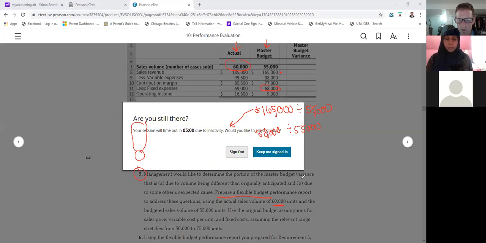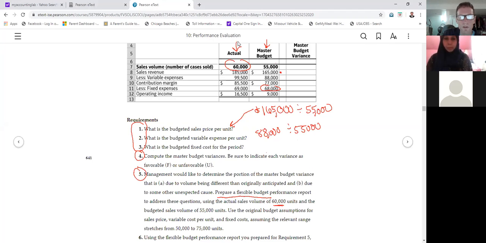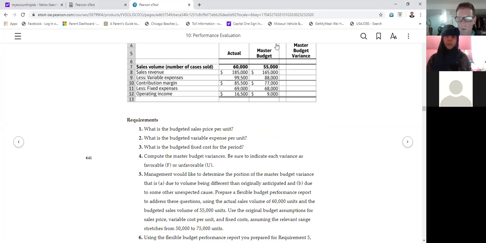And so once we do that, we're going to talk about some of these other things they're going to be asking in the problem. Like, if you read the problem, number 5 says management would like to determine the portion of the master budget variance that is due to volume, otherwise due to unexpected cost. We're going to do all that.